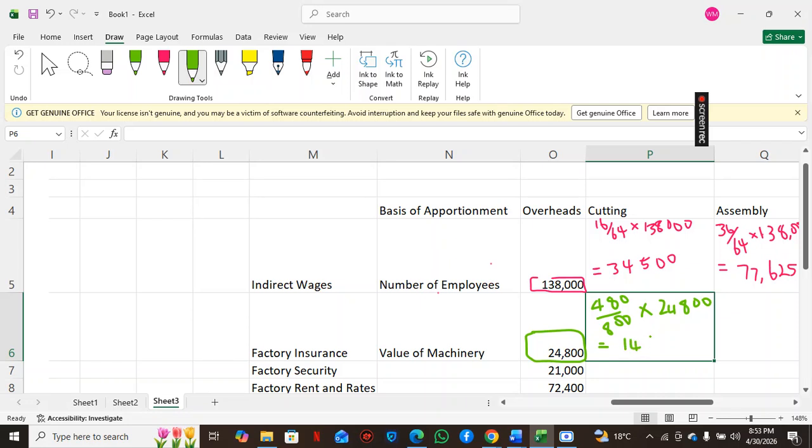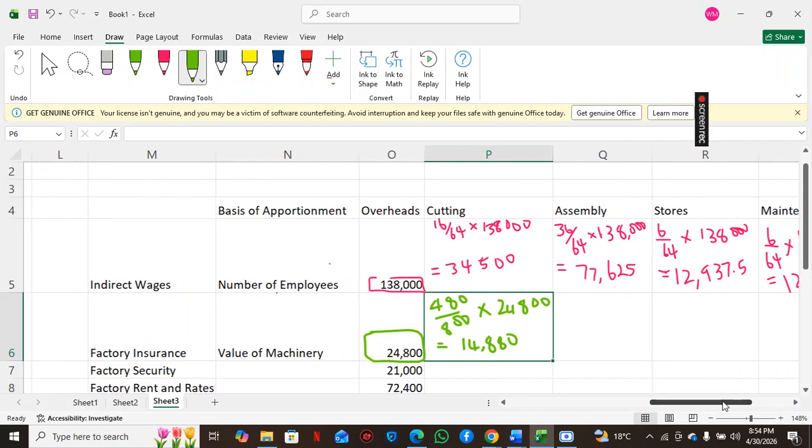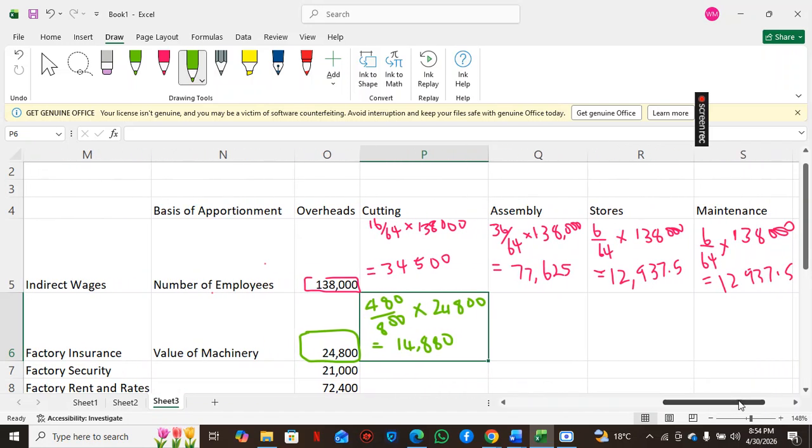14,880. Now, who do we believe? Yes, 14,880.